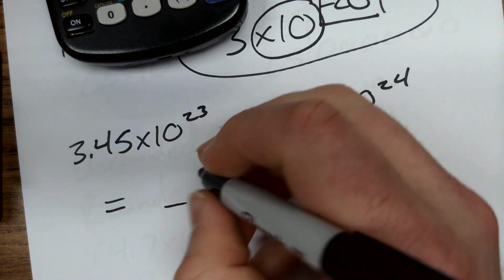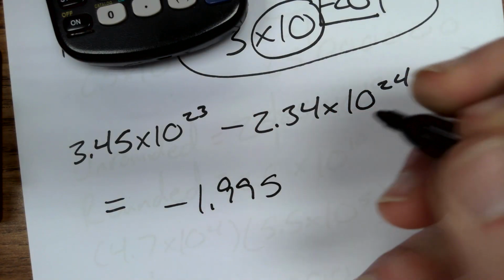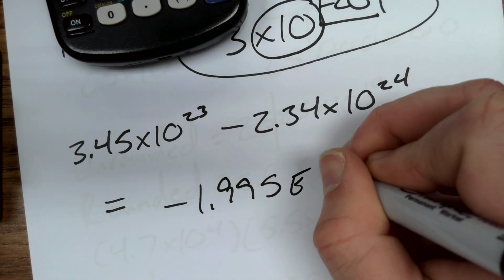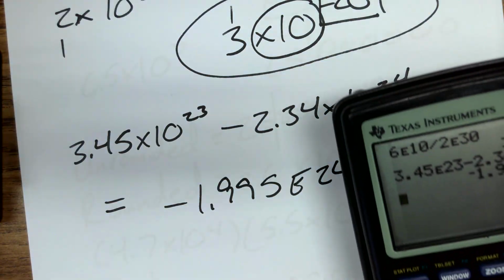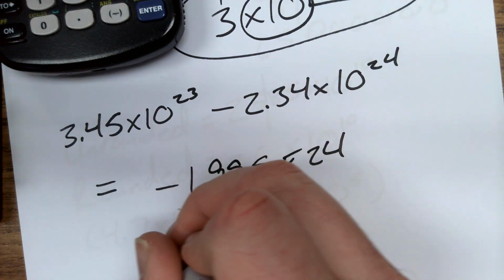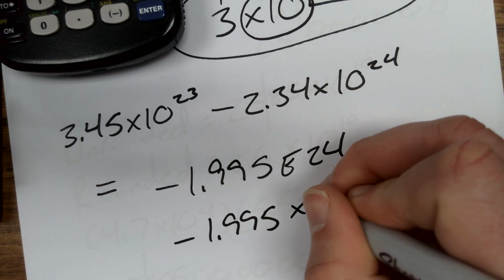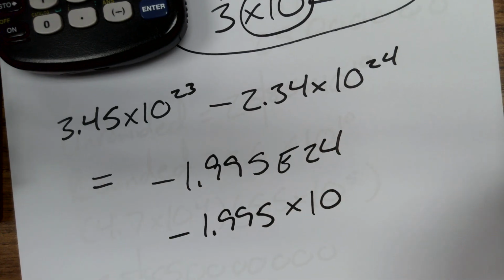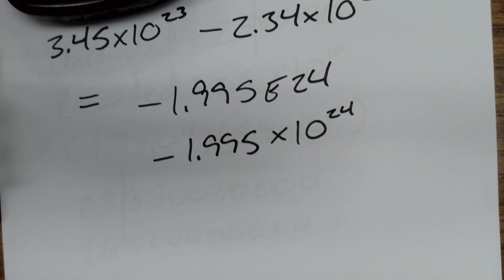This is what I'm going to get: negative 1.995 E24. I told you people. Do we agree with that answer? If I was to write that out, that'd be negative 1.995 times 10 to the positive 24.